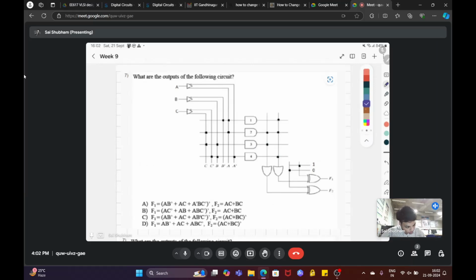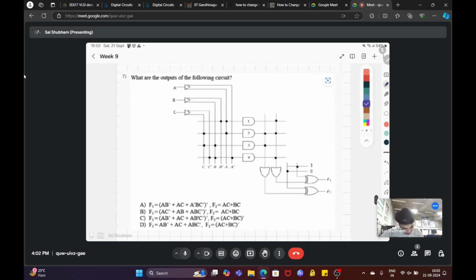So let's discuss the solution. So at this point, this is your A, this is your B bar, A, this is your C, here you have B, B, and here you have C and C bar. So at this location you have AB bar, this location you have AC, at this location you have AC as well.